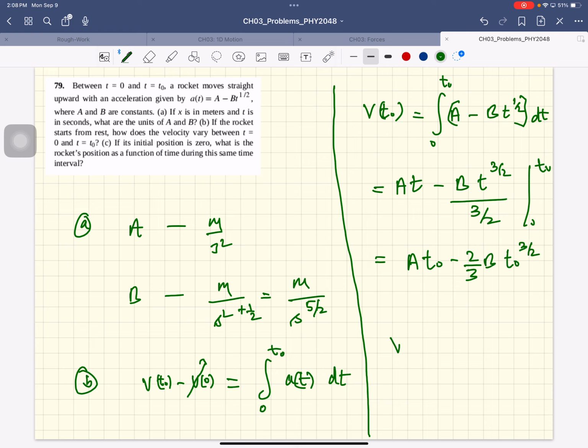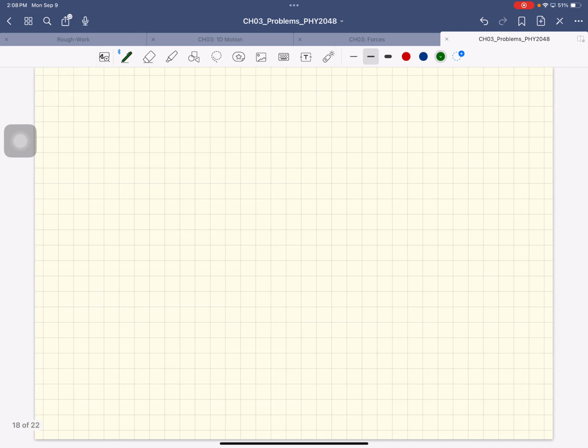Okay, so we have v as a function of time given by this. What we are doing in this problem is, so what you have learned is, okay, we'll keep it simple.